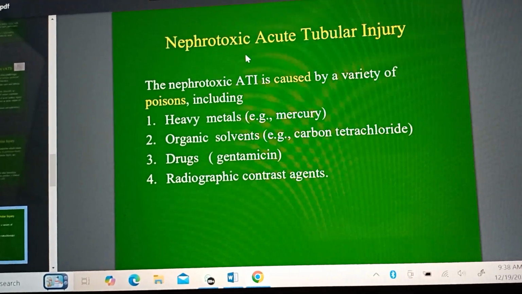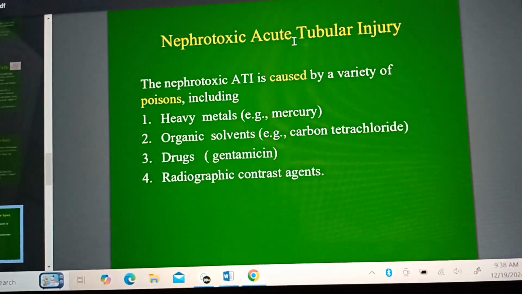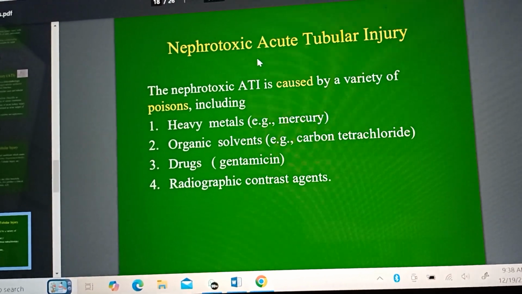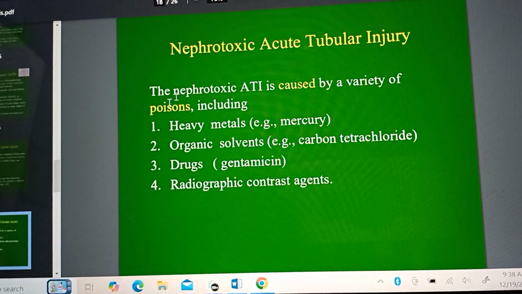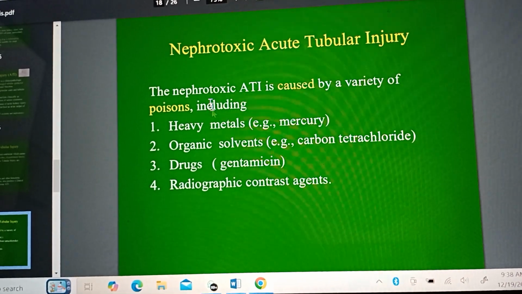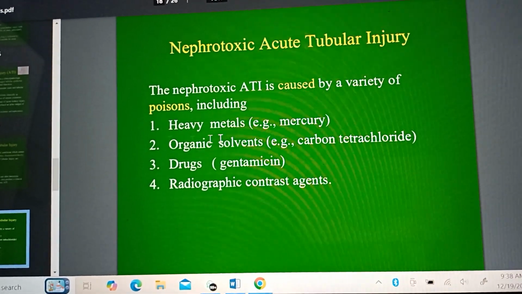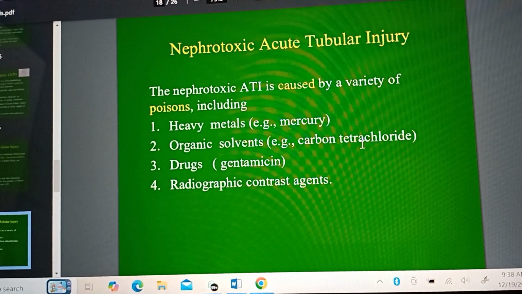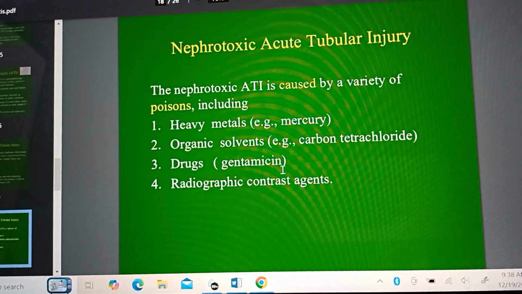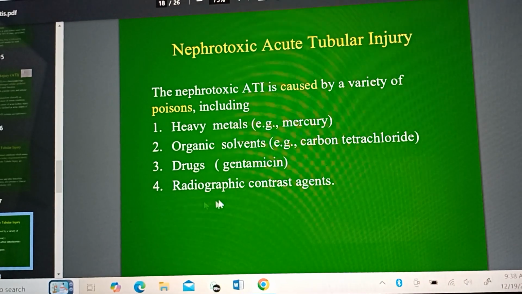Now if somebody asks you about nephrotoxic acute tubular injury, what are the toxins? It's very important, right? Nephrotoxic injury is caused by a variety of poisons. They can be heavy metals like mercury, organic solvents like carbon tetrachloride, drugs like gentamicin, or radiographic contrast agents.